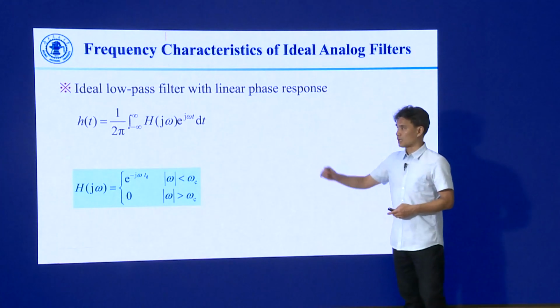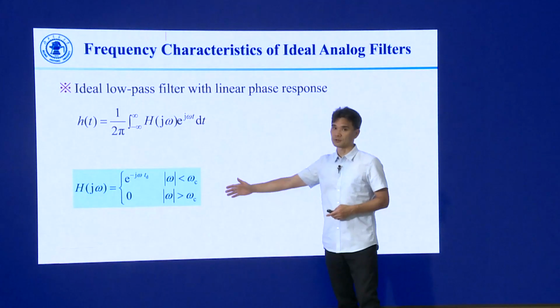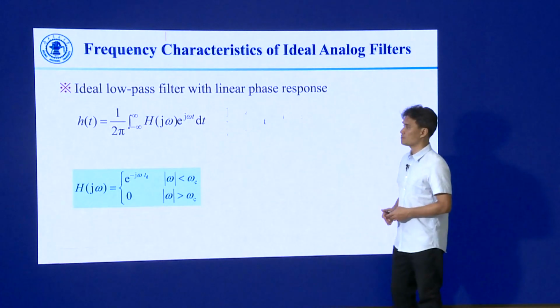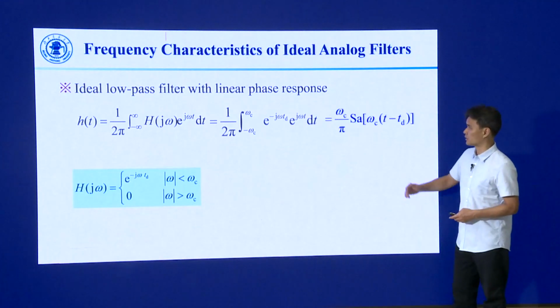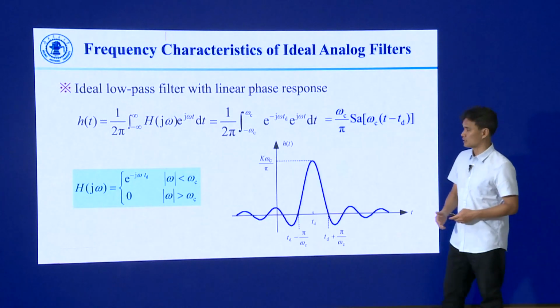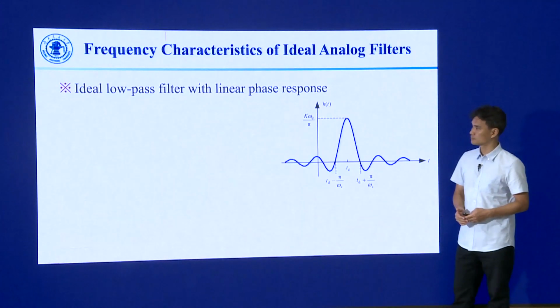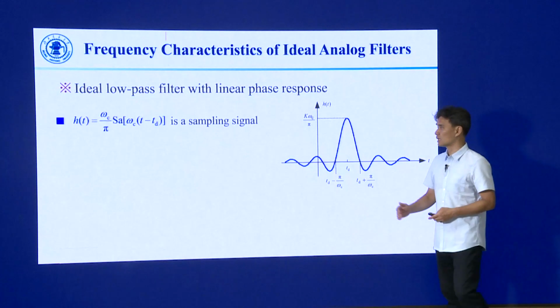Then in the time domain, we can take the inverse Fourier transform to get the system's impulse response. And here is the representation in the time domain, and it's the waveform. Let's take a look at the waveform.